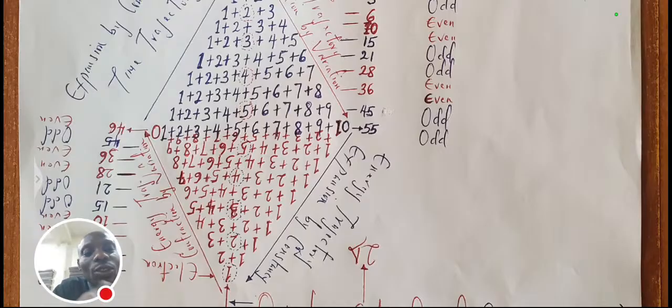But that 1 cannot go through the 0. It will be displaced. So if the 1 is being displaced inward, then the 0, the, what is it called?